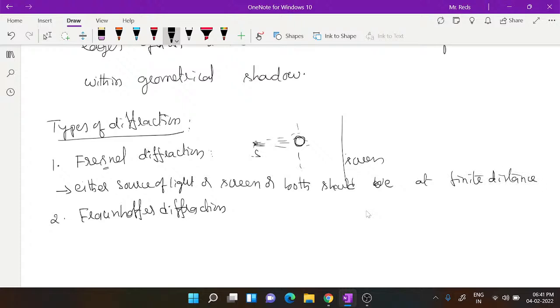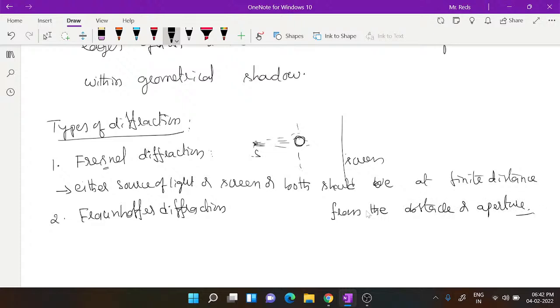This is the obstacle or slit, whether it is a circular or linear slit, whatever it is, at finite distance from the aperture or obstacle. This aperture can be a circular aperture or a linear aperture.